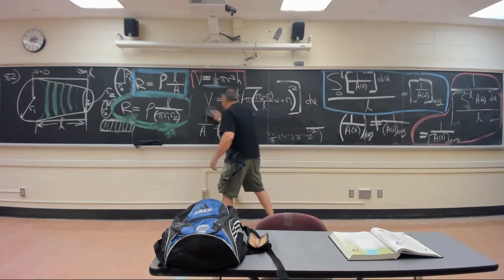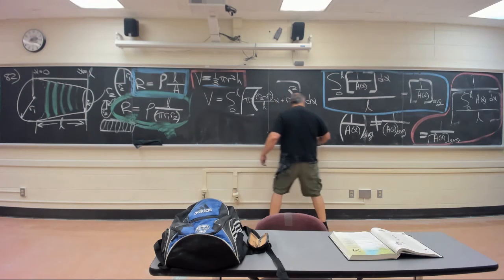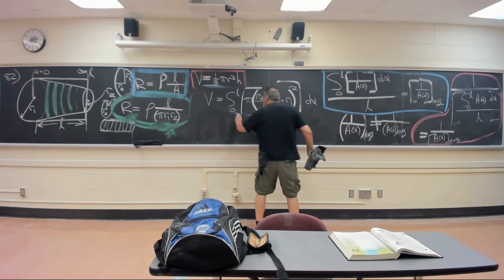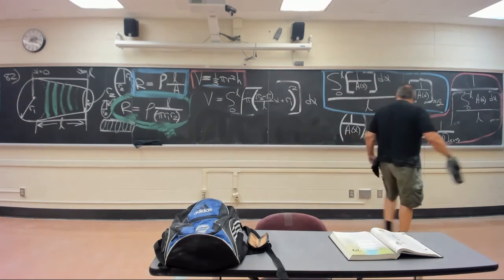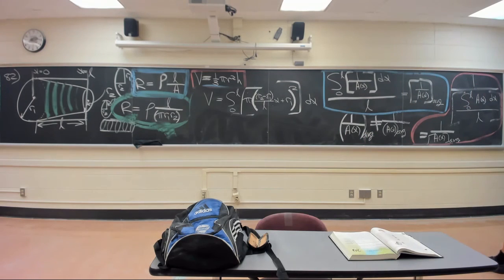When you're doing this, I just thought it was important to look at how this whole thing plays out. This is just the average of the function a of x.